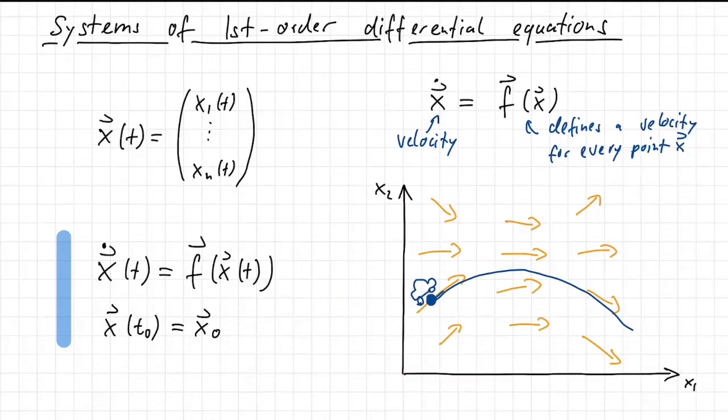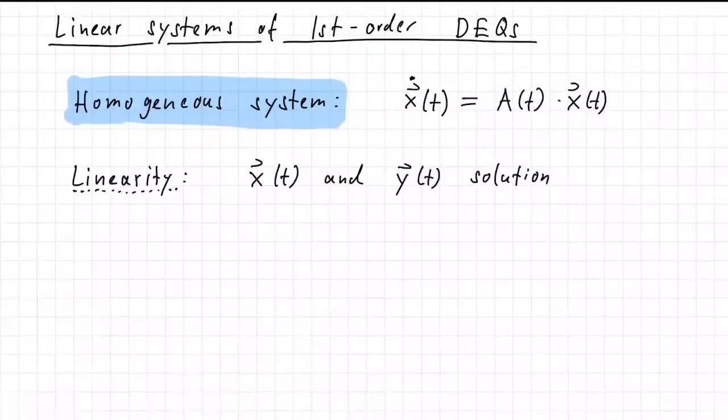But now let's actually turn to the linear systems of first-order differential equations that I promised you in the beginning. A linear system of first-order differential equations is an equation of the form where the derivative of the x vector equals a matrix A, which might depend on the time t, times the vector x itself.